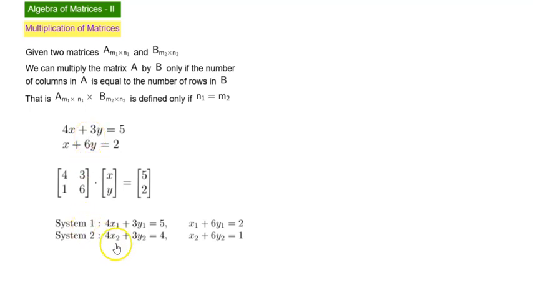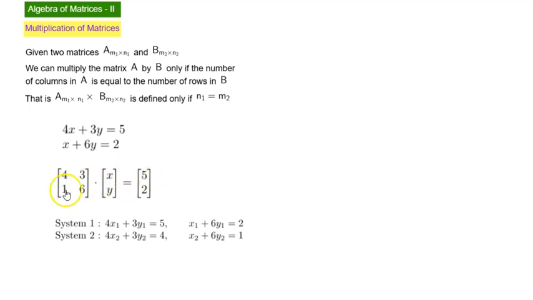Now let's say we have another system of equations: 4x2 plus 3y2 equal to 4, x2 plus 6y2 is equal to 1. Here you will notice that in system 1 and system 2, the coefficients are the same, but the constants are different. Naturally, the x and y values will be different. So that is why we have made it as x1, y1, x2, y2.